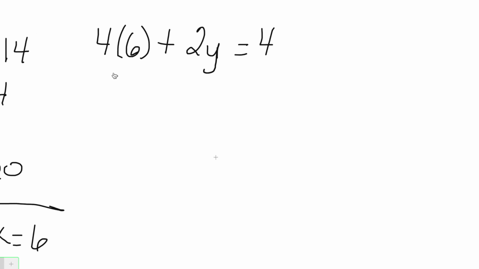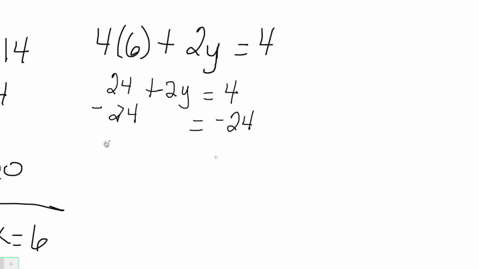Now let's figure out what y is. We have 24 plus 2y equals 4. Subtract 24 on both sides of the equal sign. We have like terms over here. Now I have 2y equals 4 minus 24.